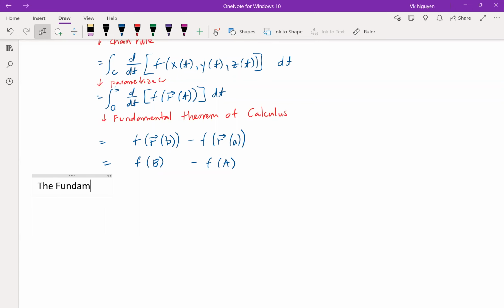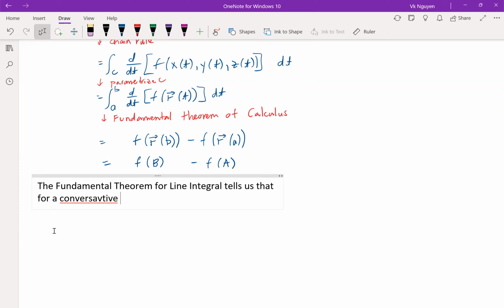The fundamental theorem for line integrals tells us that for a conservative vector field, the line integral is independent of path.